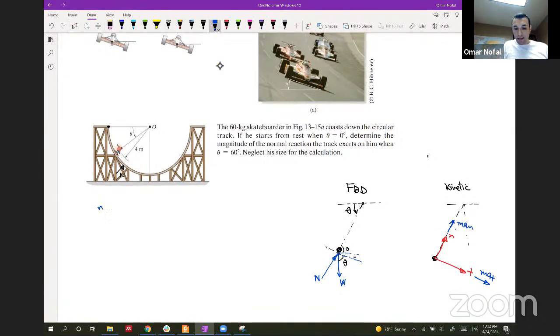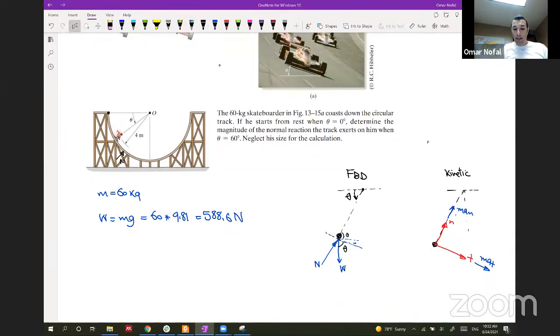We have the mass equal to 60 kilograms, so the weight will be equal to mass multiplied by g. So it's 60 multiplied by 9.81, and so it will be 588.6 Newtons.